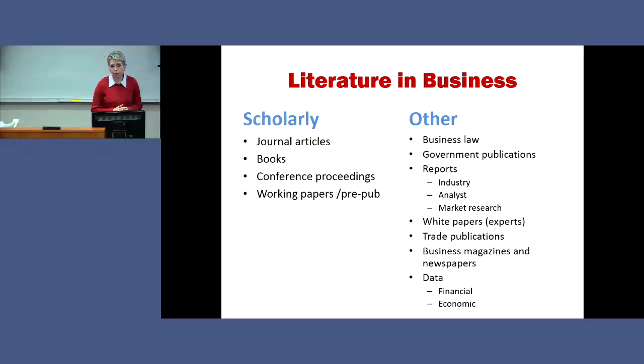In trade publications, you will find information about industry trends, market share. These are the publications that are produced by industry groups or trade associations, so they're actually read by people in the industry.